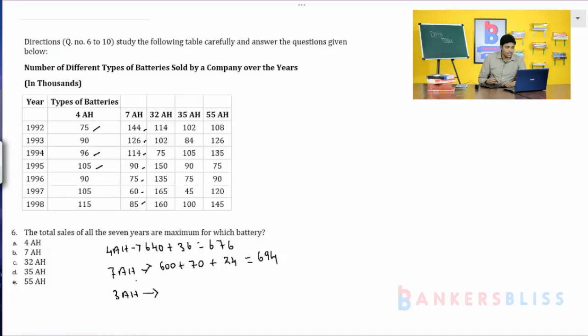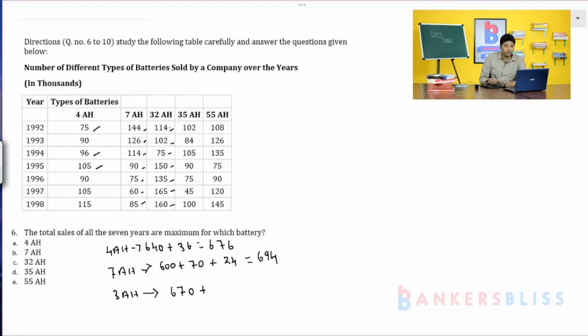So, how do you calculate 32Ah? See here in 114 you consider only 100, 102 you consider only 100. So, 100 plus 100, 200, next 200 plus 100, 300, 400, 500, 600. 600 plus 70, 670 plus.